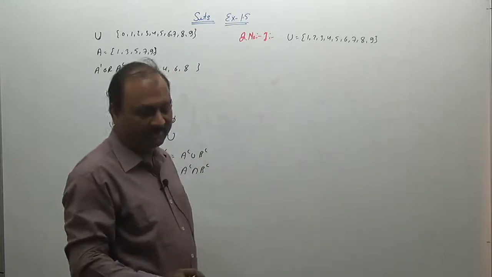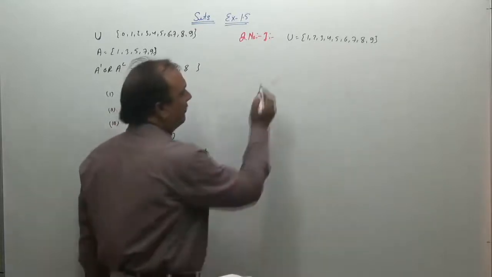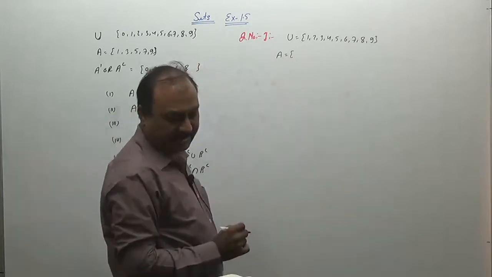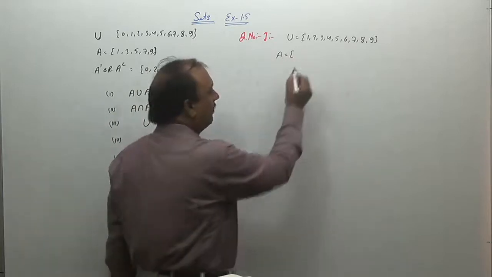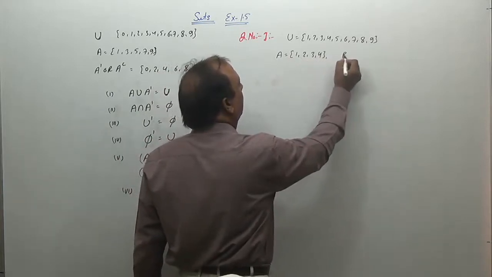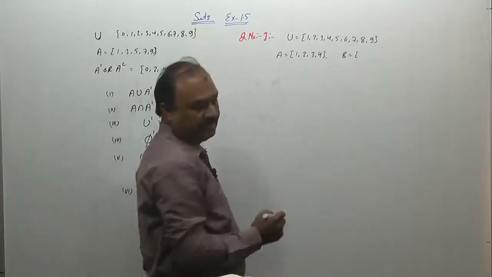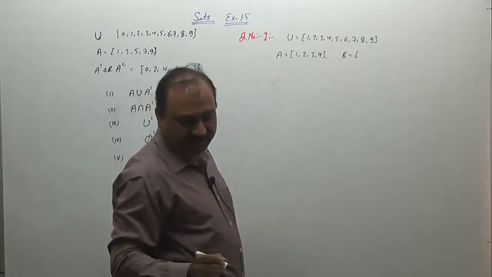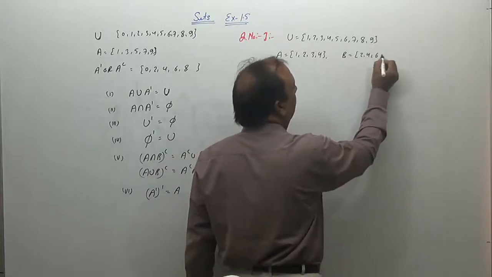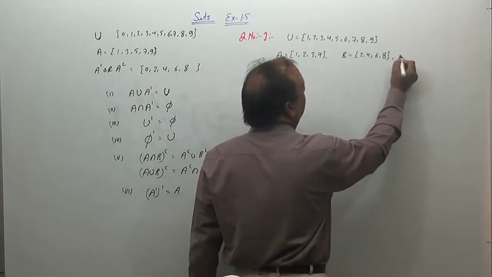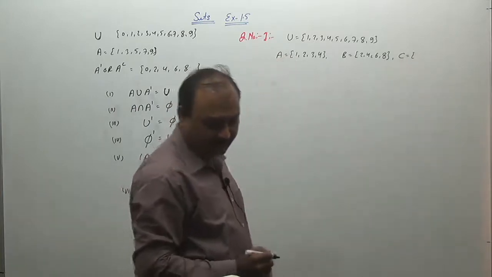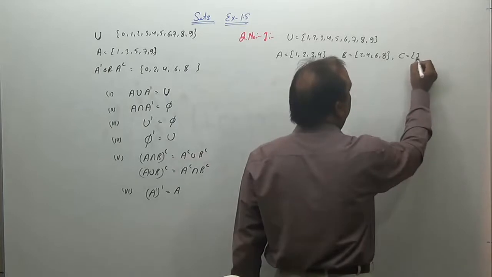This is the universal set. And there are some sets defined: A is the set which contains the elements 1, 2, 3, 4. And B is another set which contains the elements 2, 4, 6, 8. And C is the set of 3, 4, 5, 6.